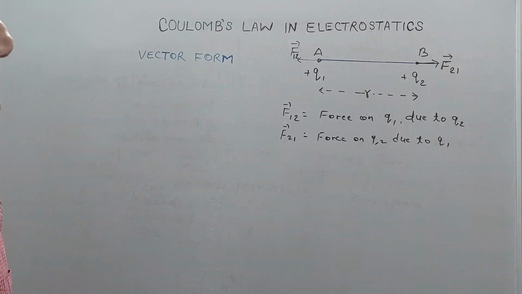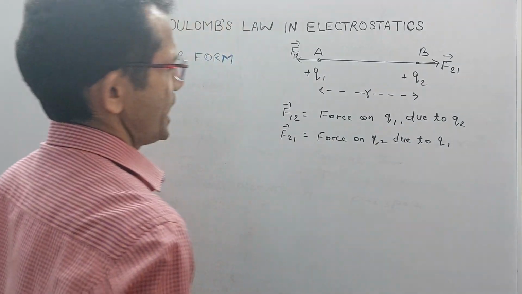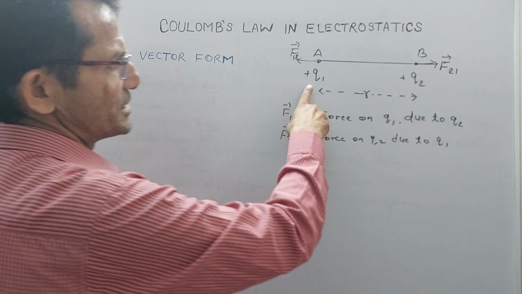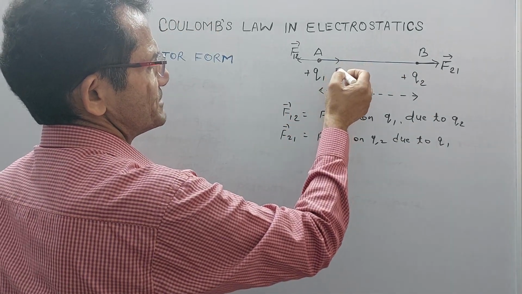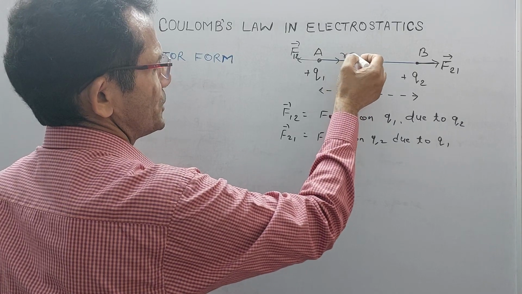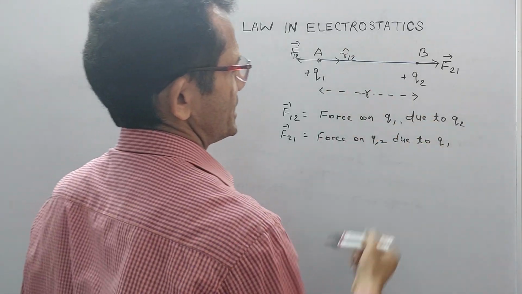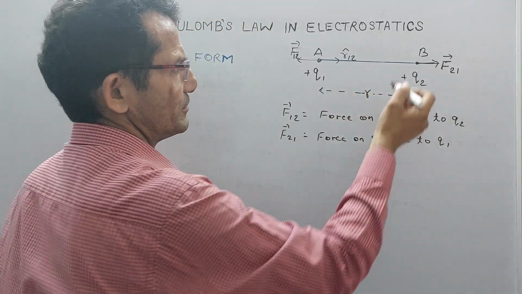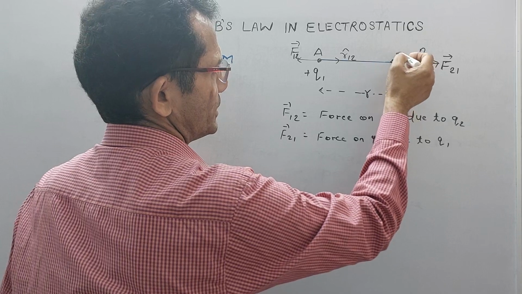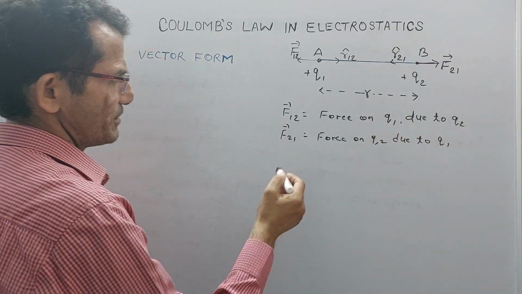We generally represent these using unit vectors. So we have taken a unit vector from charge q1 to q2, that is r12 cap. This is the unit vector. It goes from q1 to q2, r12 cap. And similarly the unit vector which goes from B to A will be r21 cap.